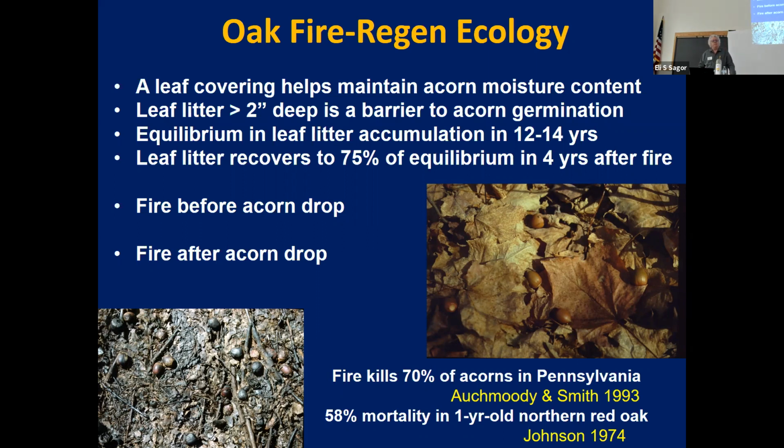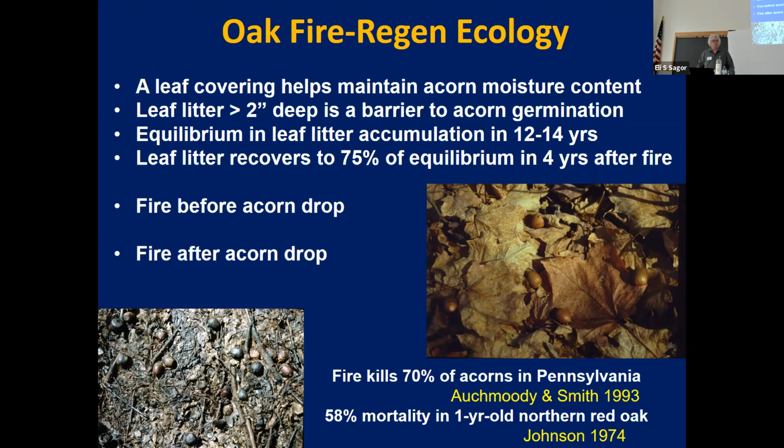So if you're using fire to manage the seed bed in kind of a site preparation use of fire, you may have to periodically apply that until you get a good acorn crop. And once the acorns drop on the ground, oaks are very vulnerable to the seed being killed by fire.